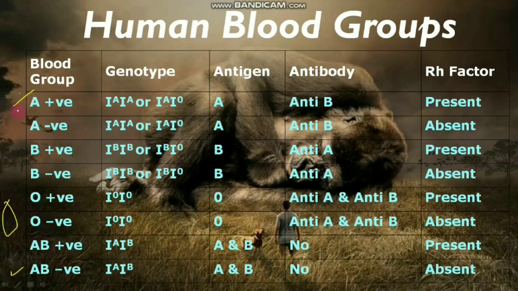In the case of an A positive blood group individual, the genotype can be IAIA or IAI0.